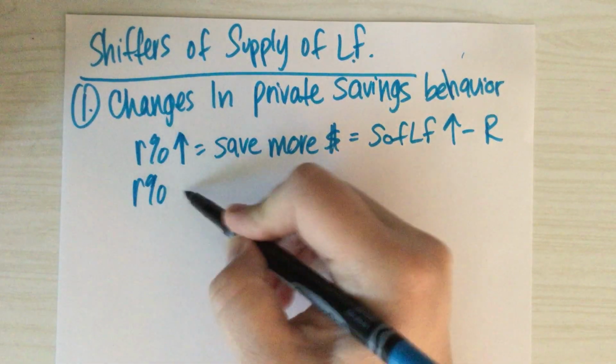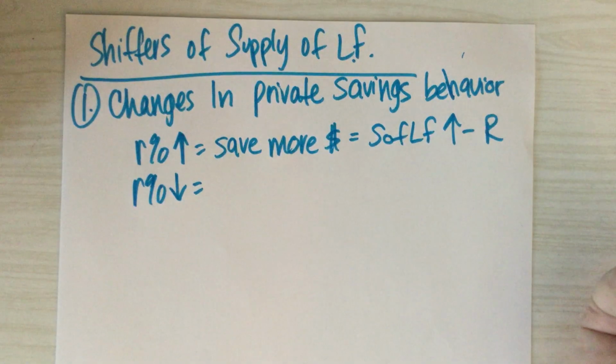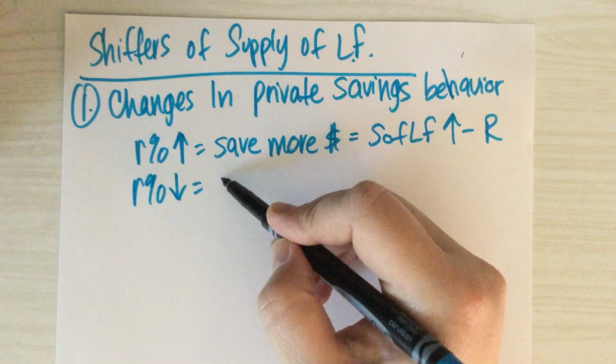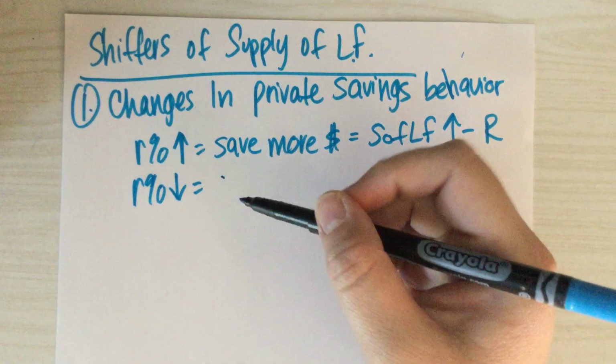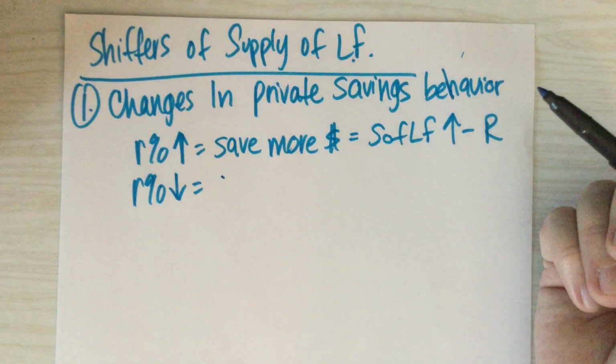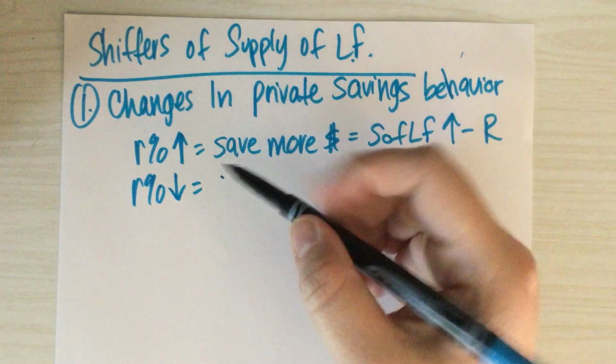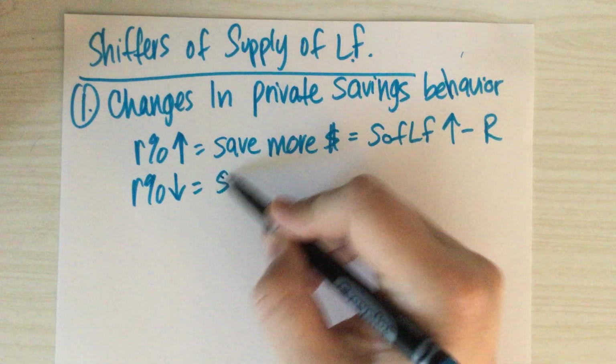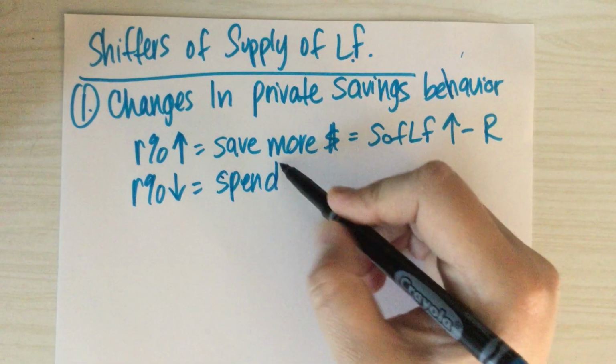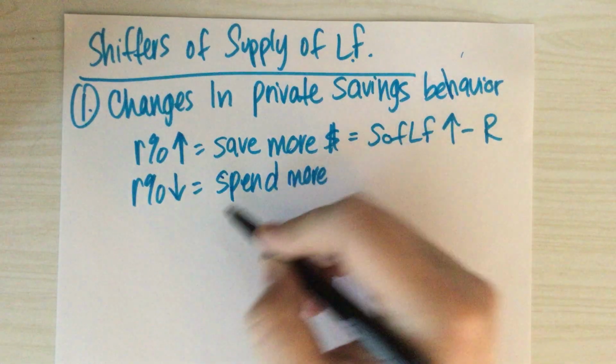If, let's say, for example, that our interest rates are really low, then we're not going to save as much money. There's not an incentive to put our money in the bank if we're not going to be earning as much interest. So we're going to spend it instead. We're going to spend more and save less.